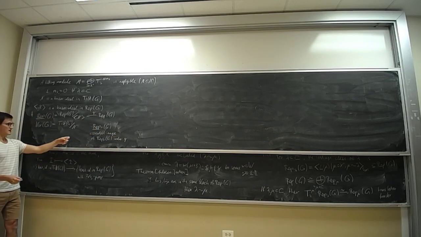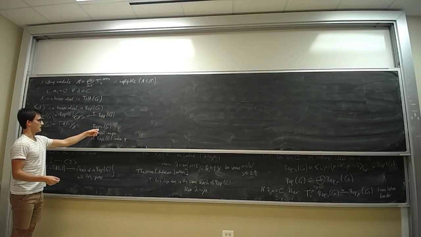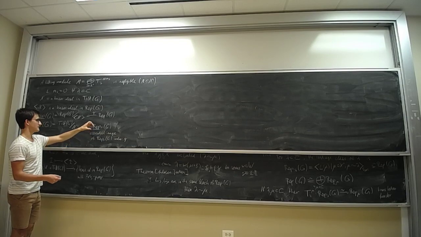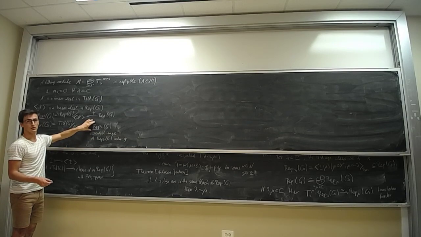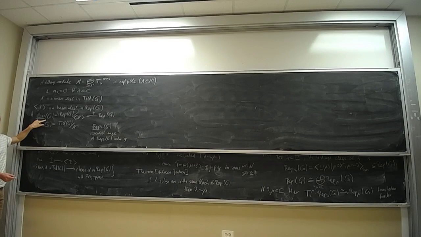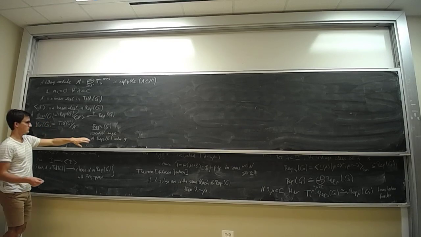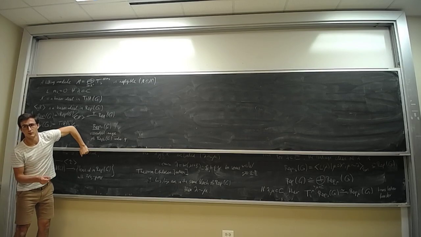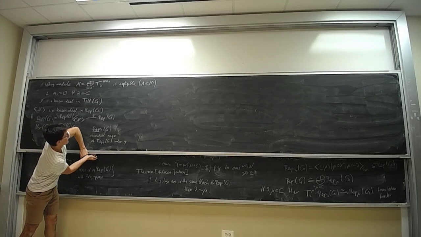So the objects are all the things that are isomorphic to something in the principal block after we go down to the quotient. Rep_0 is the linkage class of 0, usually called the principal block, because this is actually a block, it's not a union of blocks.